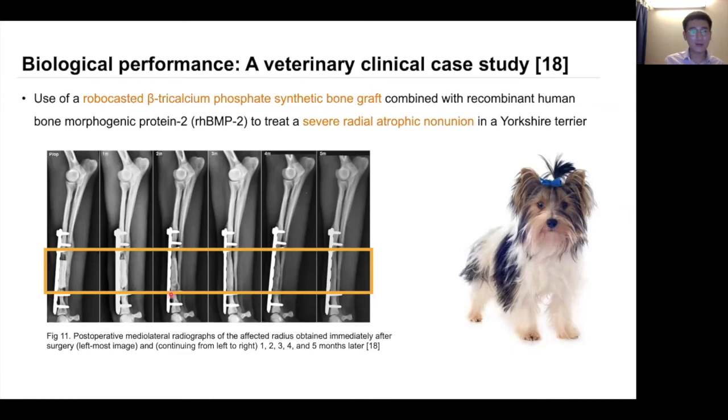You can see the degradation or resorption of the scaffold, and simultaneously a progressive healing process of the bone. If I'm not wrong, 18 months after the surgery, all these compression plates were removed. At 36 months, the veterinarians diagnosed complete healing of the bone and a complete recovery from this bone fracture for this Yorkshire.